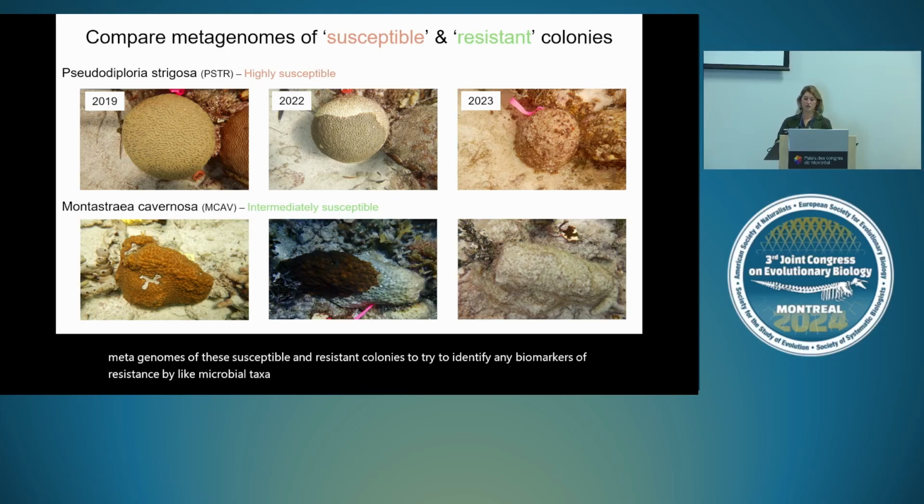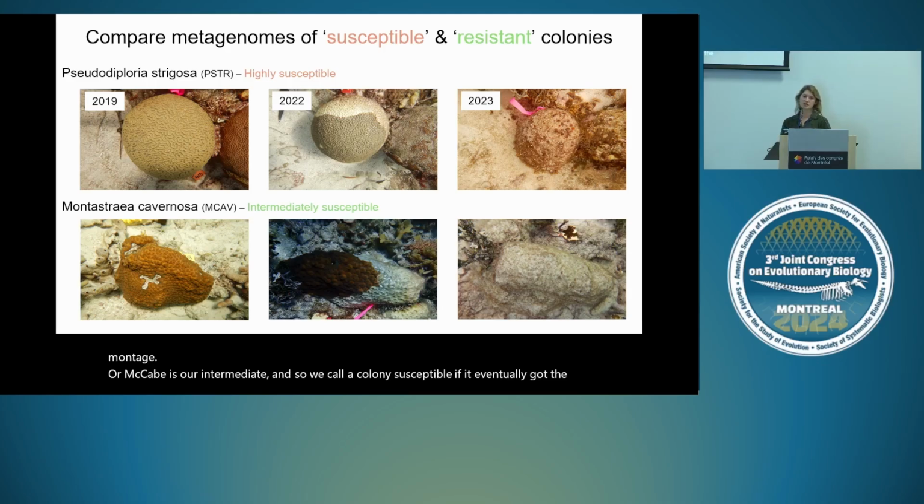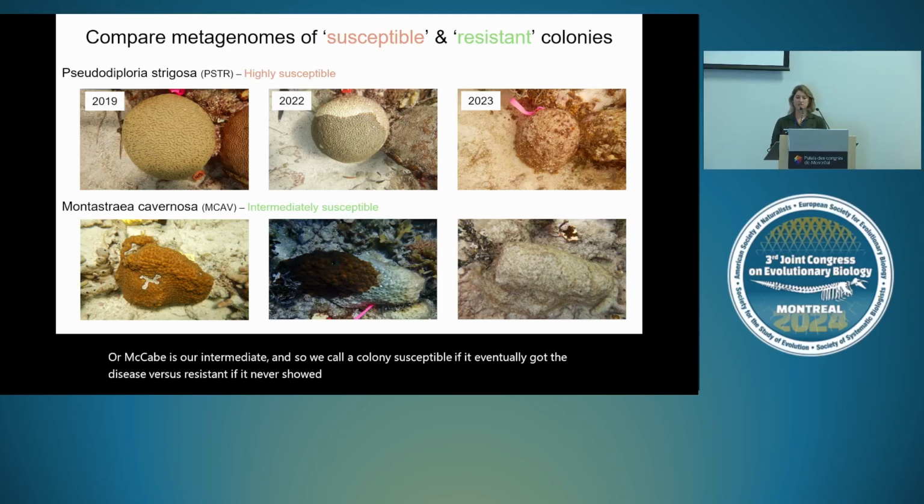Like I said, our 2 species that we're going to be talking about today are Pseudodiploria strigosa, or Pister, our highly susceptible example, and Montastraea cavernosa, or MCAV, our intermediate. We call a colony susceptible if it eventually got the disease versus resistant if it never showed disease signs. We have a mix of these colonies within each species so we can compare between the susceptible and resistant within a host species and between the 2 host species.